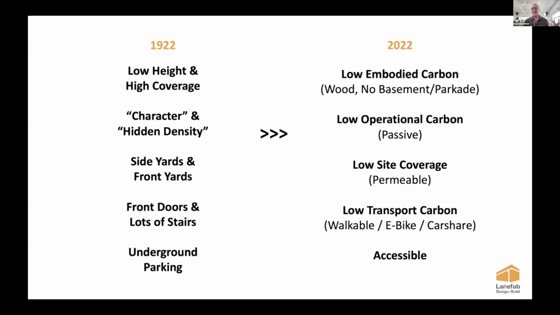If we're scaling up these kind of housing projects across the city, do we need to keep a higher level of permeability so that we don't overwhelm the existing storm sewer systems, which is a real crux issue in Vancouver? And then the last one is accessibility, because so many of our houseplex typologies are frankly fundamentally inaccessible.